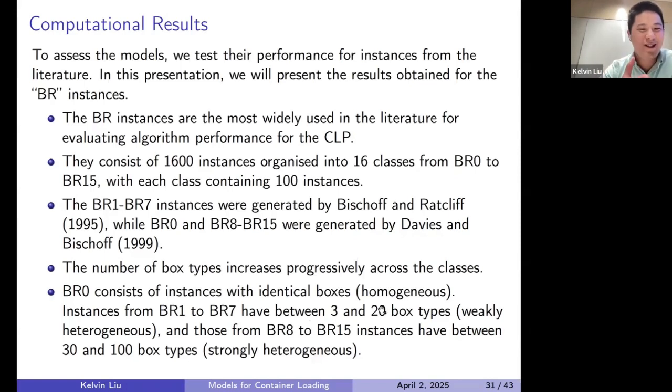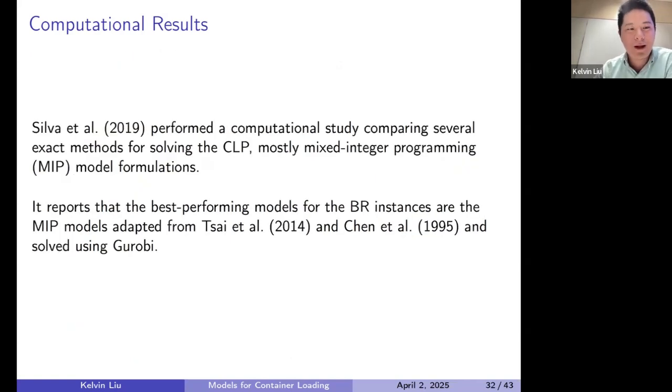So these are weakly heterogeneous instances according to our arbitrary definition of weakly heterogeneous. And then BR8 up to BR15 have between 30 and 100. So that's what we would call strongly heterogeneous. Okay, so quite a lot of instances with various different boxes.